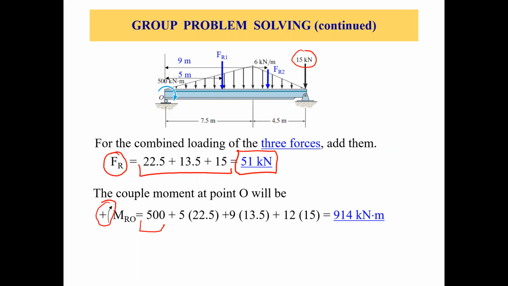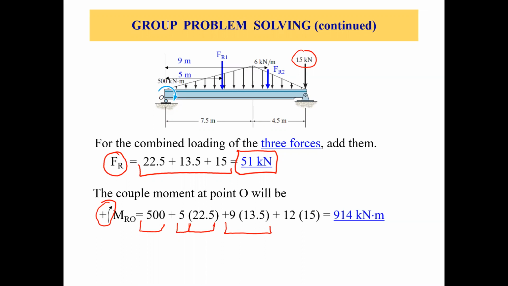22.5 times 5, which is the moment due to FR1. It's positive because it's a clockwise moment. Moment due to FR2, 13.5 times 9, again a clockwise moment, so take it as positive.